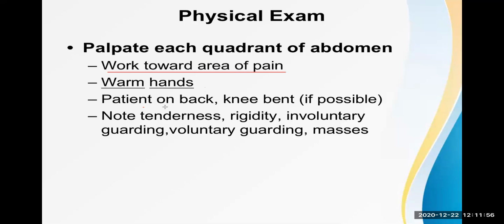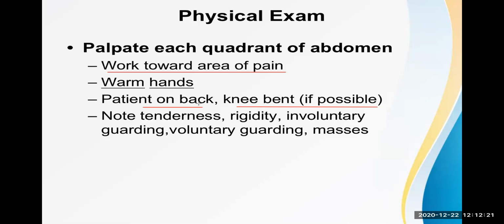The patient should be on the back, and the knees should be bent if possible. It is possible usually. So what we say is, lie down comfortably on your back on the bed or examination table and bend the knees so that the anterior abdominal wall muscles will be relaxed and I can examine quite nicely.